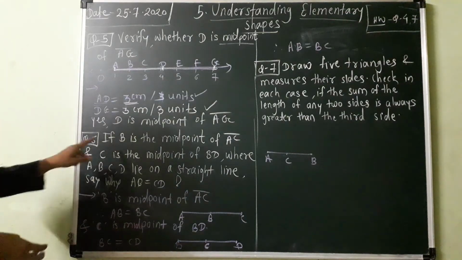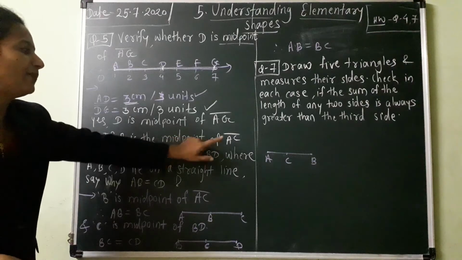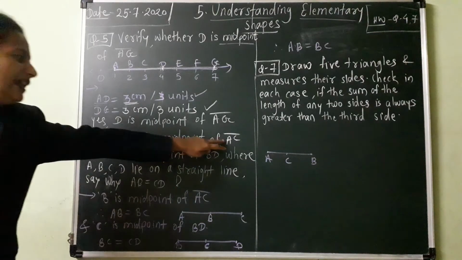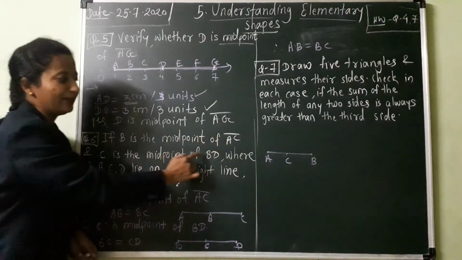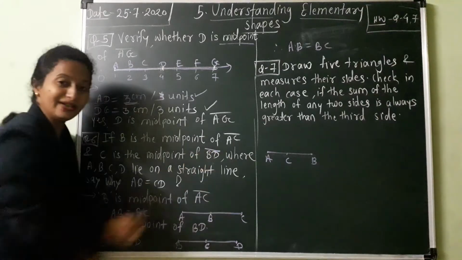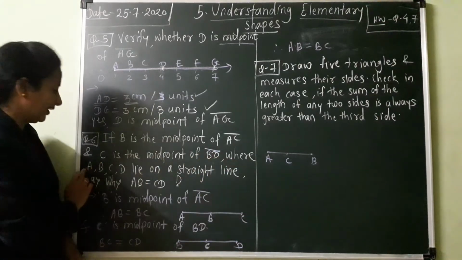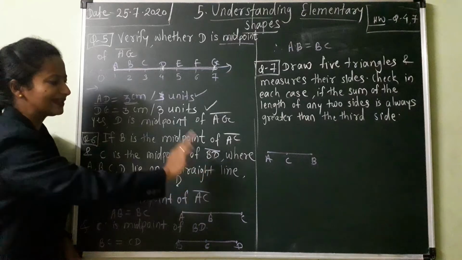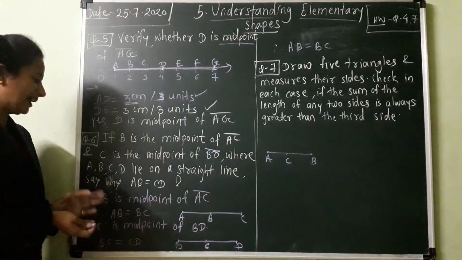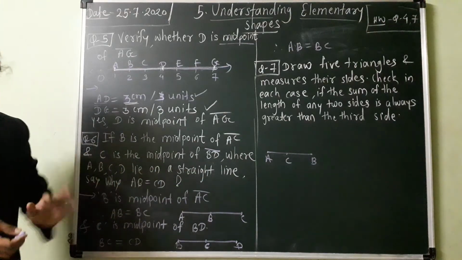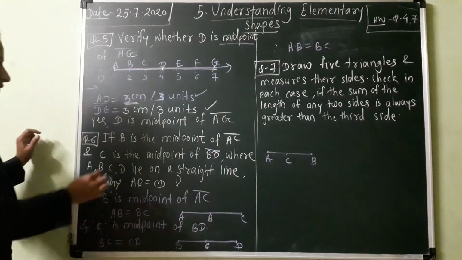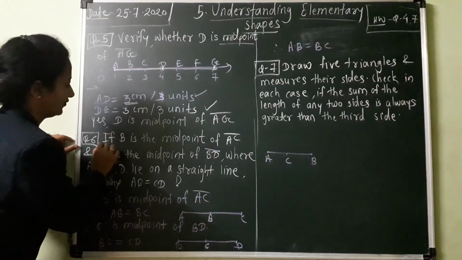Now question number 6. If B is the midpoint of line segment AC and C is the midpoint of line segment BD, where ABCD lie on a straight line, show that AB is equal to CD. First we'll break this first statement.